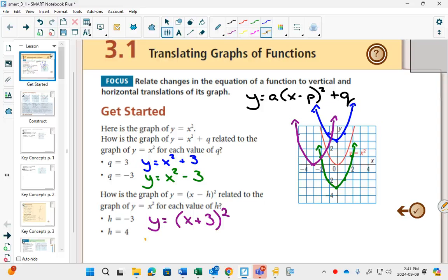Finally, this minus 4 is inside. Using last year's vertex, your vertex would have been at 4, 0.